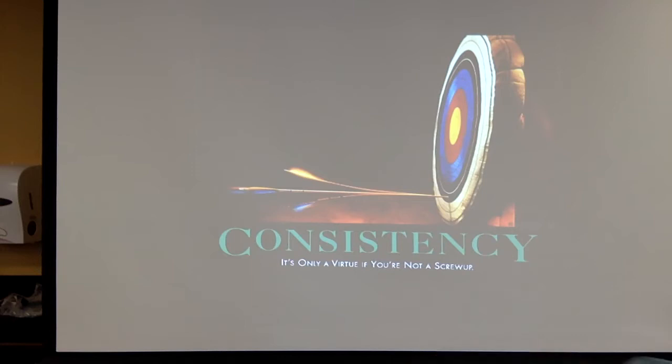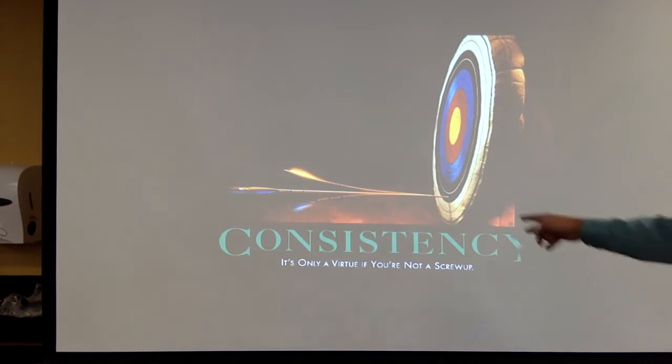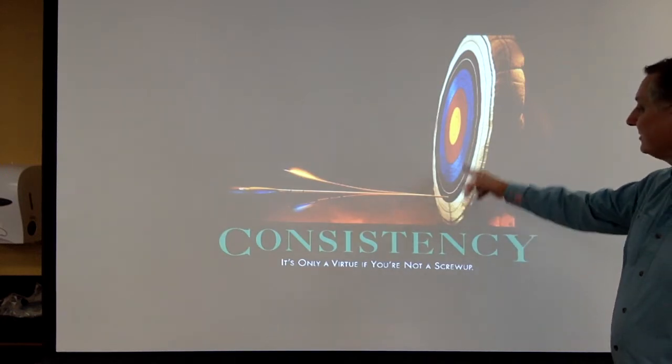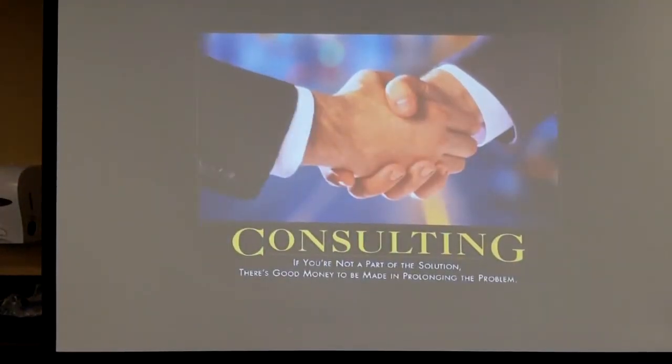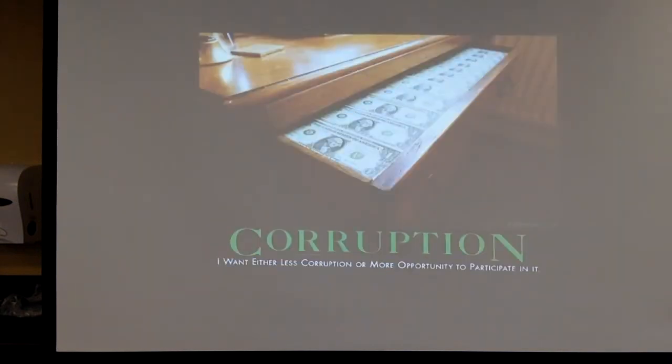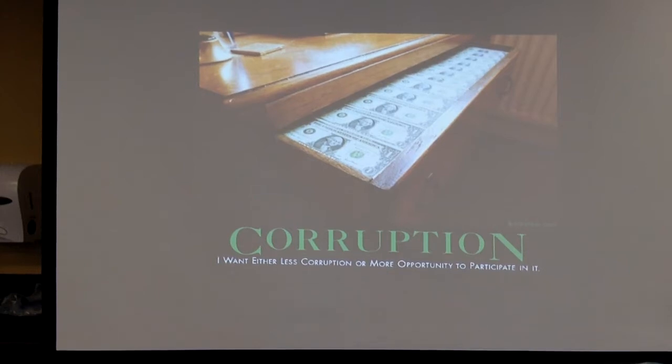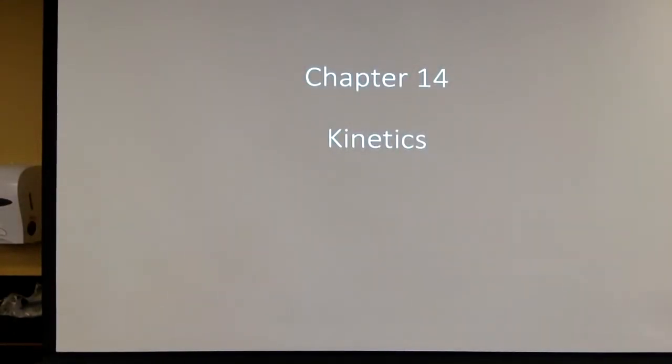This is a nice slide for illustrating the difference between accuracy and precision. Precision's good, how reproducible it is. Accuracy is not so good. If you're not a part of the solution, there's good money to be made in prolonging the problem. And finally, I want either less corruption or more opportunity to participate in it. So ends our despair slides demotivations for Monday.